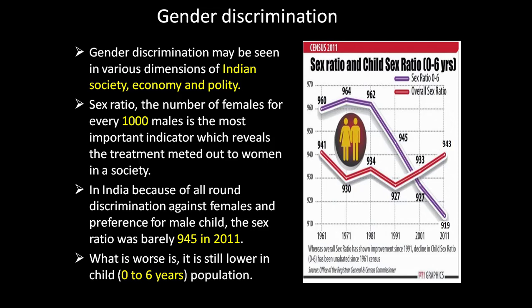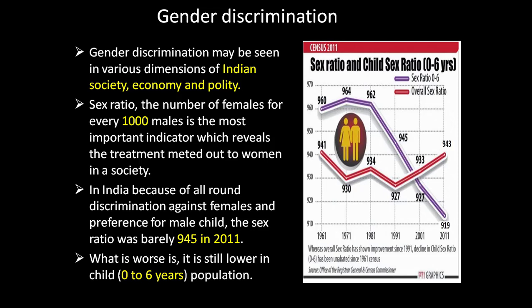In India, because of all round discrimination against females and preference for the male child, the sex ratio was barely 945 out of 1000 males, according to the statistical report of the 2011 census.